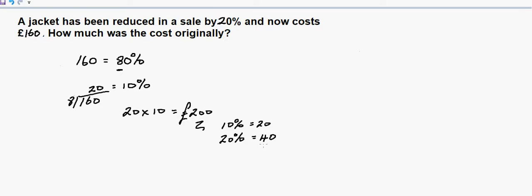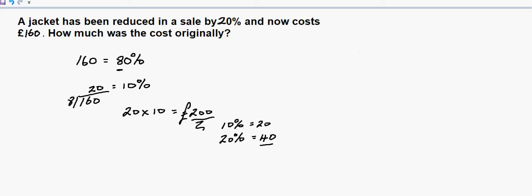So if I take 40 from 200, I do get 160. So I know my answer's right. So what we need to do is find out what percentage the amount represents so that we can find 10%.